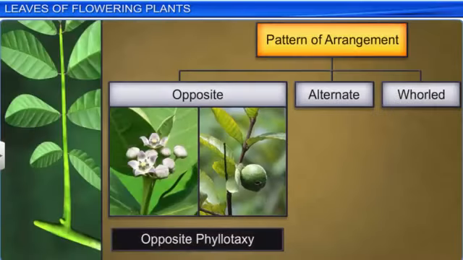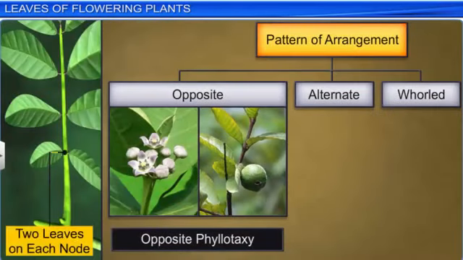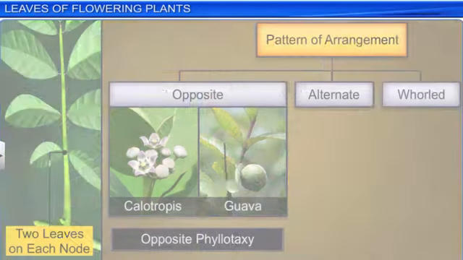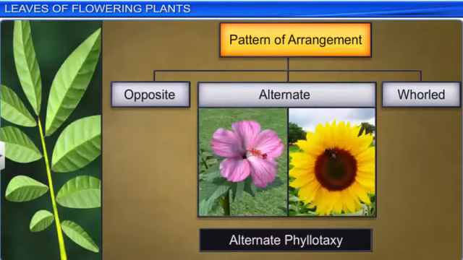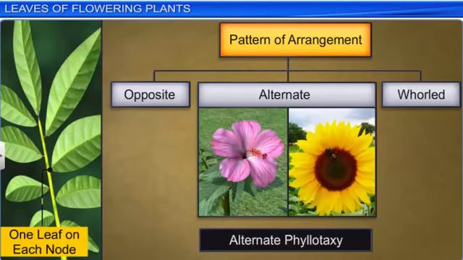In opposite phyllotaxy, there are two leaves on one node arranged opposite to each other, as in Calotropis and guava. In alternate phyllotaxy, only one leaf arises at each node, and the leaf at the next node is in the opposite direction. Alternate phyllotaxy is seen in plants like hibiscus and sunflower.